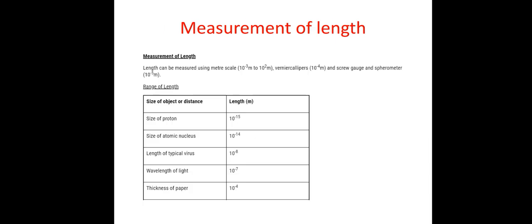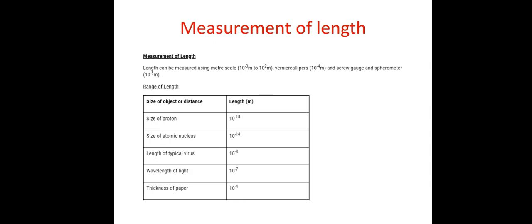Now moving on next. Measurement of length. Measurement of length has a defined range, right? There are some measuring devices which we use in day-to-day life. For example, let's say meter scale. The meter scale has a range of 10 to the power minus 3 meter to 10 square, I mean 100 meter, right?